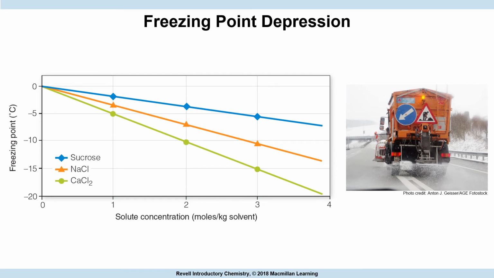Why do they put down some kind of salt solution or salt solids on the roads when we expect things to be icy? Well, here's a nice graph of freezing point, that is the point that things turn to ice, and solute concentration of the aqueous solution.